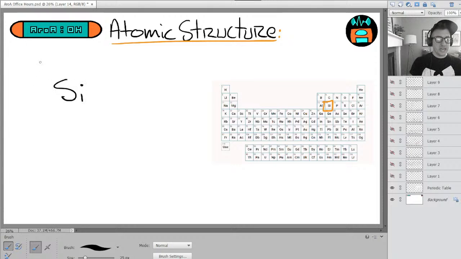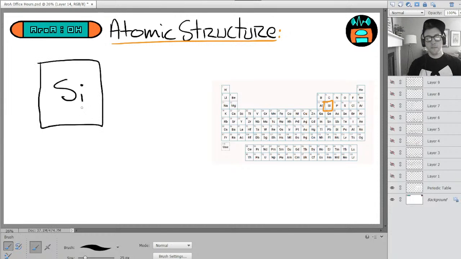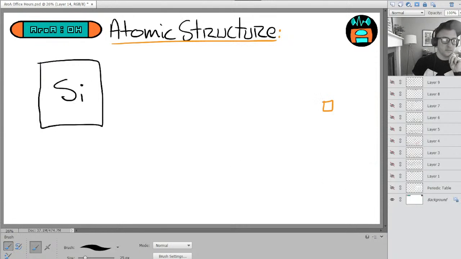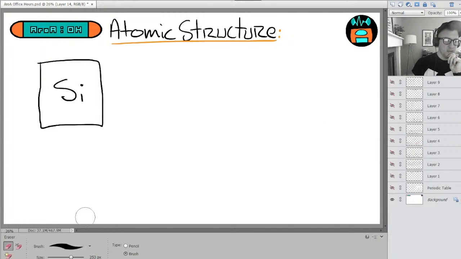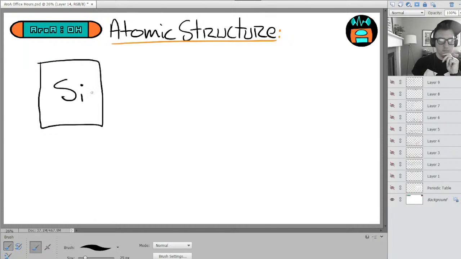So if we look at an individual cell of the periodic table, there is the elemental symbol, which is front and center. So this is the elemental symbol.